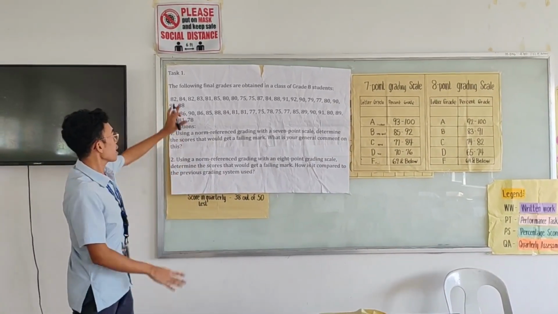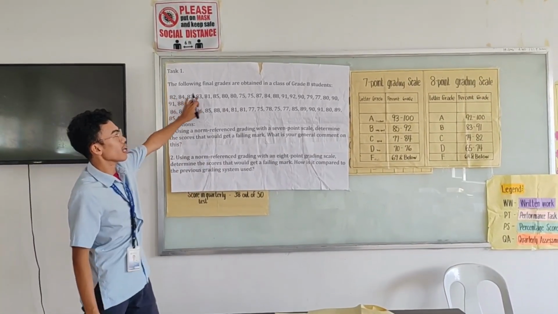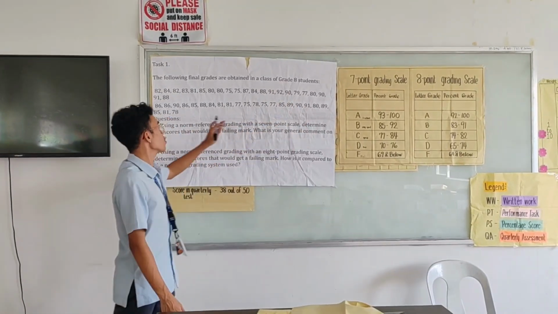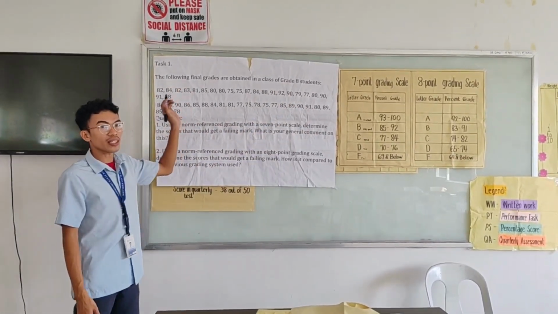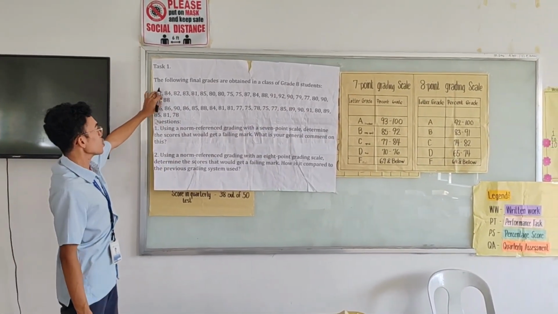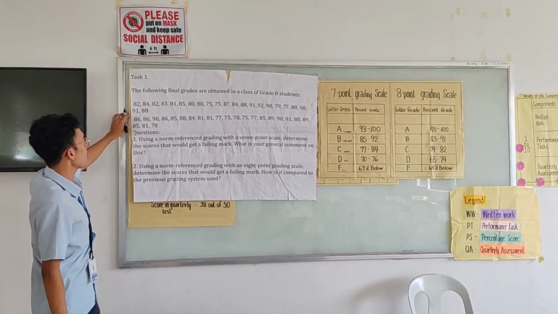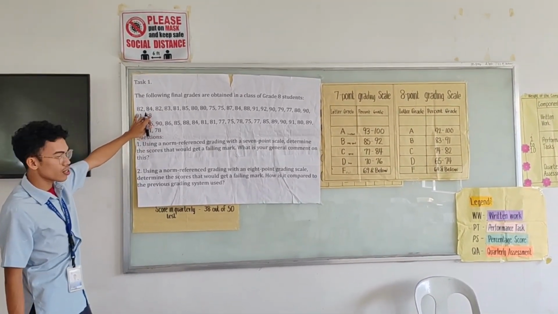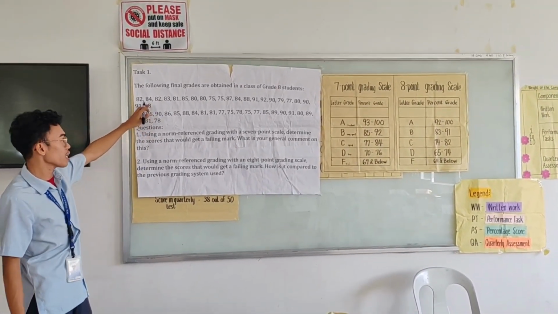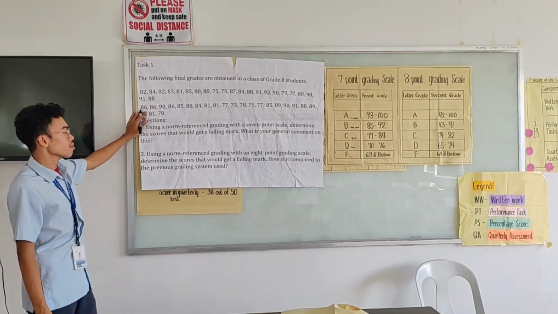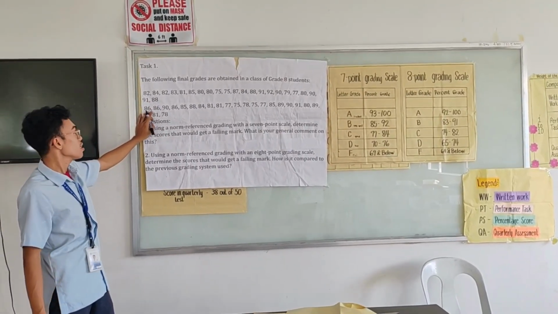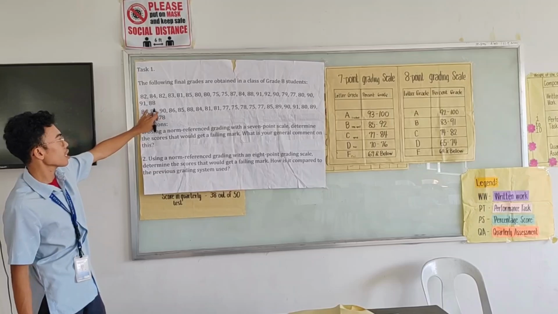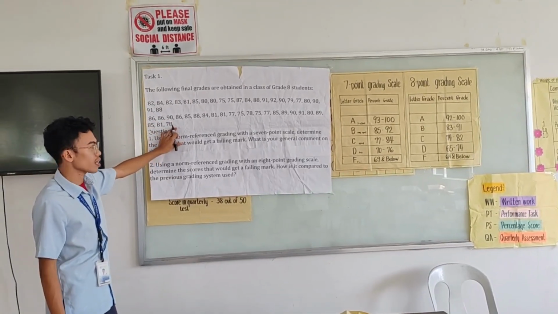Here are the grades obtained in a class of grade 8 students. The first set of grades is A2, A4, A2, A3, and the rest to A8. The next set of grades, for the 8-point grading scale, are 86, 86, 90, and 278.